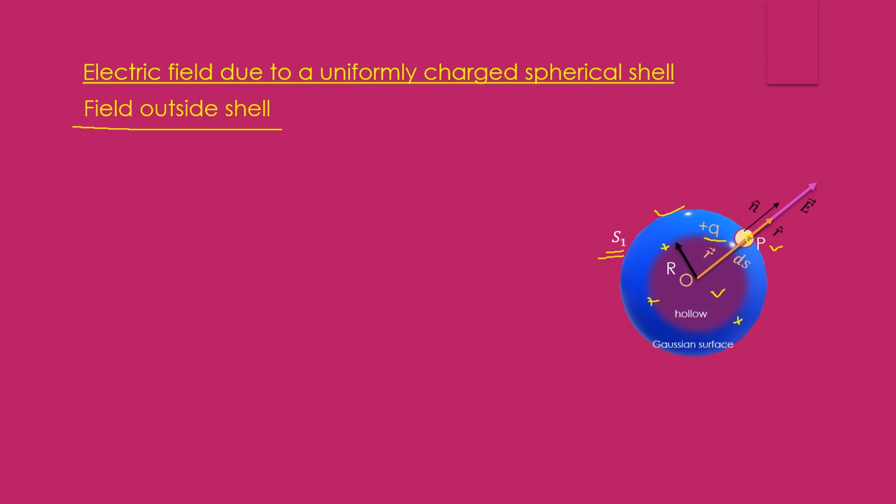This is the small area element. Now at this point, electric field due to the shell is E, directed radially outward. Unit vector of area vector is n cap, and r is the position vector of point P. r cap is the unit vector along r. O is the center.